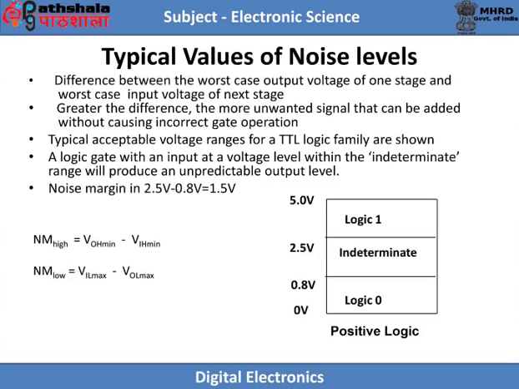Typical acceptable voltage ranges for a TTL logic family are as shown. A logic gate with an input at a voltage level within the intermediate range will produce an unpredictable output level. Noise margin here is 2.5 volt minus 0.8 volt, that is equal to 1.5 volt.